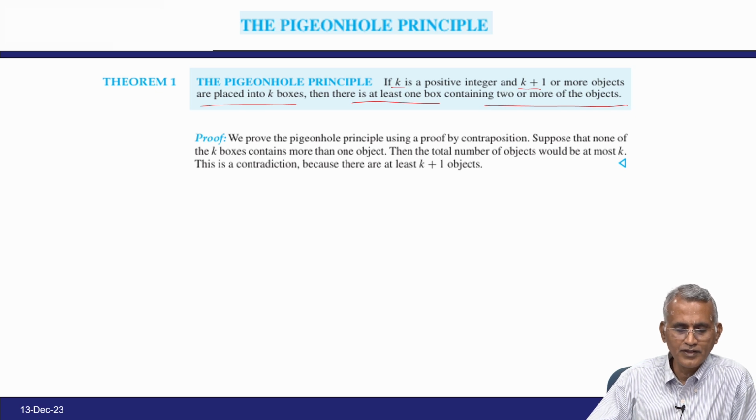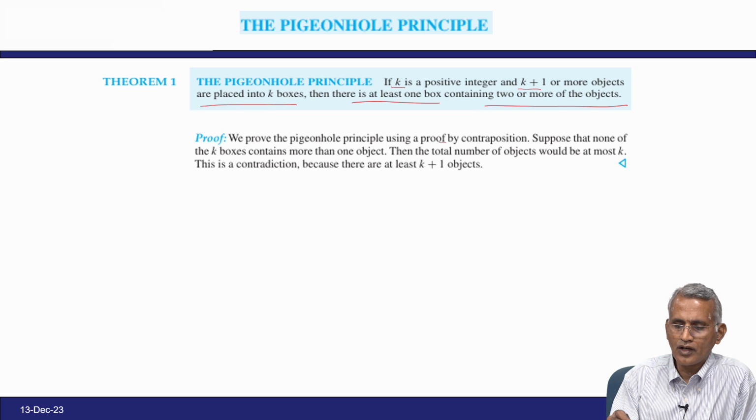Now, the proof is very simple, by using contraposition, in the sense that we assume one statement is true, then we have to prove a contradiction to our assumption. So, the proof is based on the contraposition or contradiction principle.